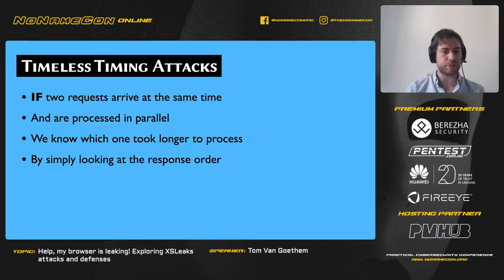And both requests also need to be processed in parallel, so concurrently. And if these two conditions are met, then we can determine which request took longer to process just by looking at the order in which the responses were returned.